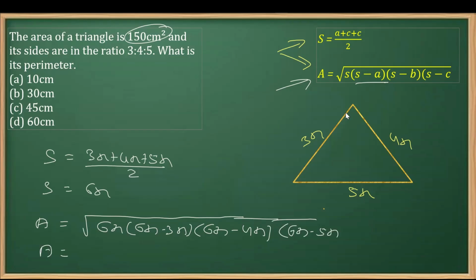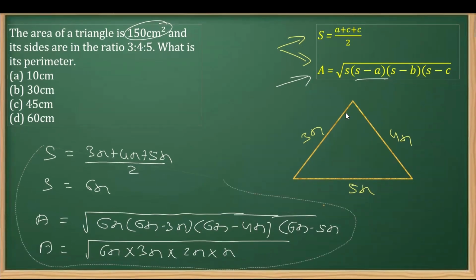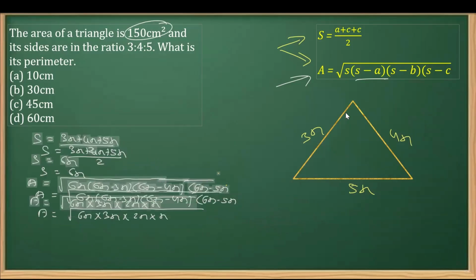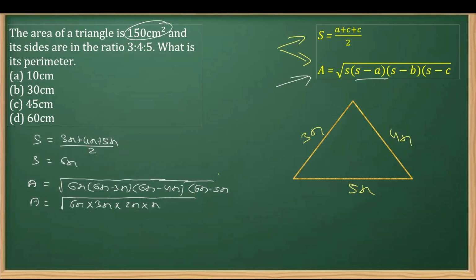Check what we are getting over here. After simplification, this is 6x, 6x minus 3x is 3x, and this is 2x, and 6x minus 5x is x. Now we can find the under root of this. x appears 1, 2, 3, 4 times, so this is x power 4, and outside it is going to be x squared.